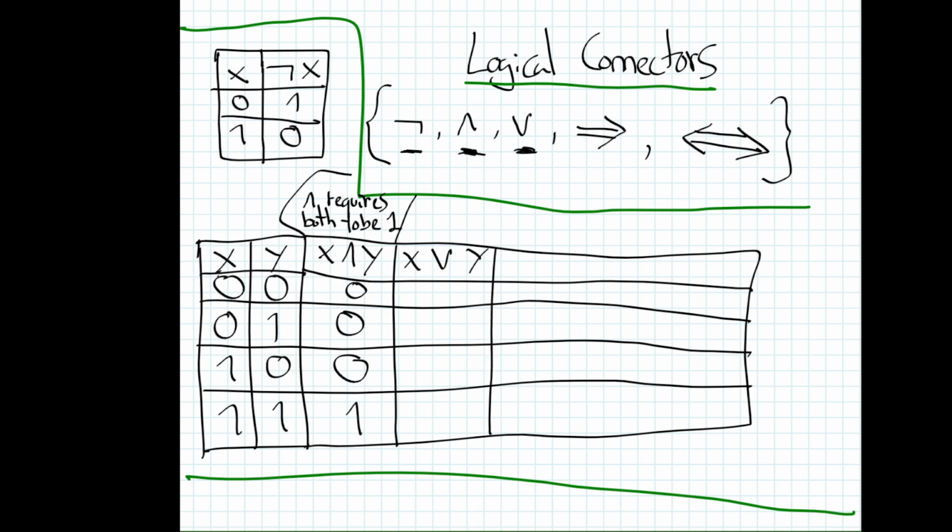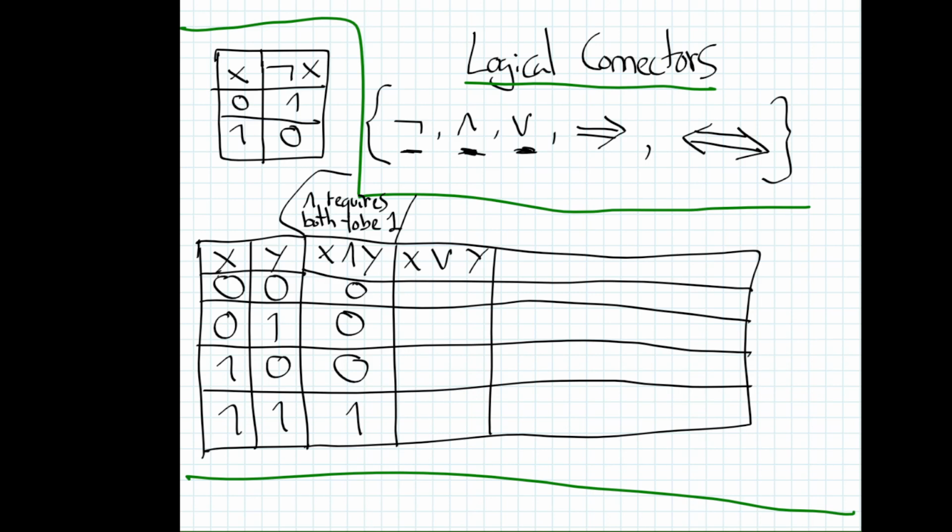How will it work? Well, the disjunction is not the opposite of the conjunction. It has a rule set of its own, and that is if any of the variables x or y is positive, and this includes the last scenario where both of them are positive. Say, if any of them are positive, then the outcome will be positive.